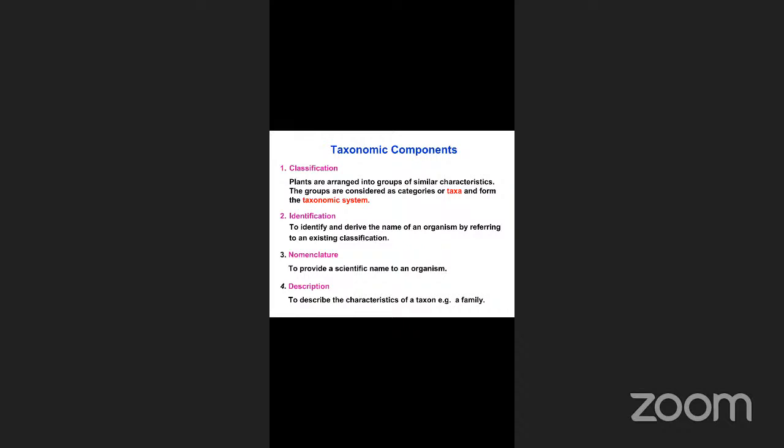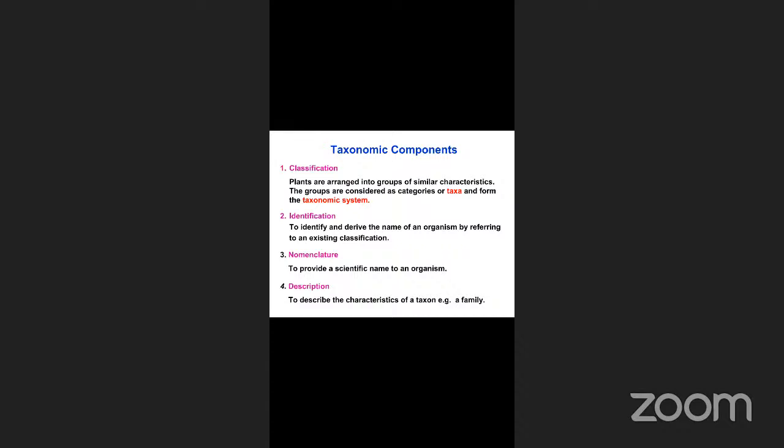Next, nomenclature. Nomenclature is to provide a scientific name to an organism. At that time we are giving scientific names. A scientific name contains two parts, genus and species. That is nomenclature.